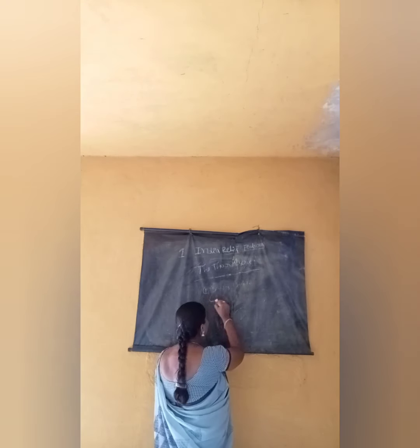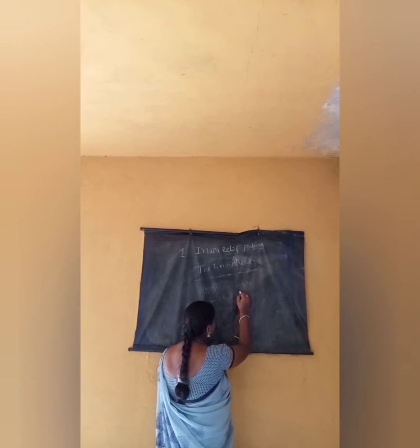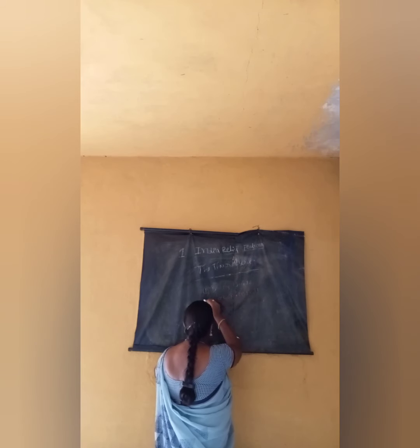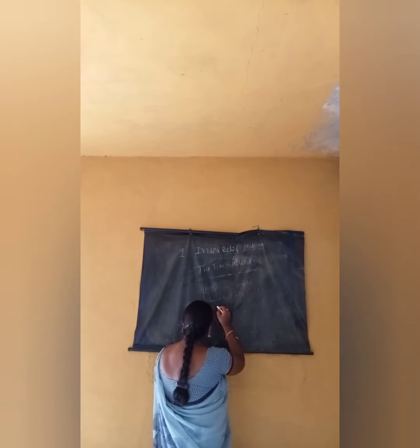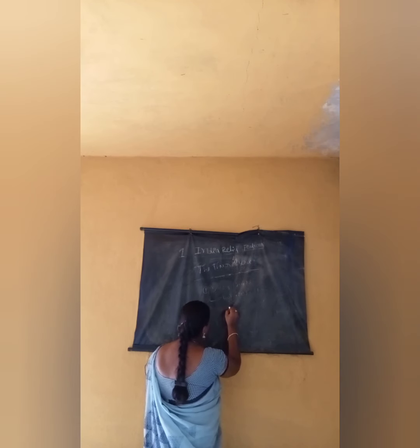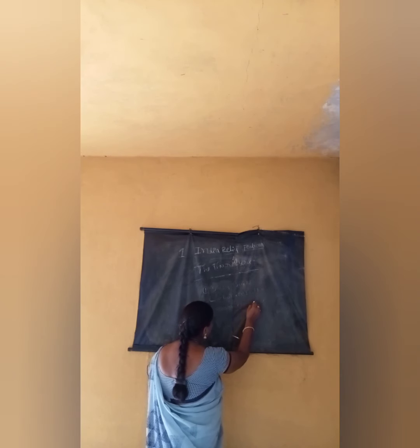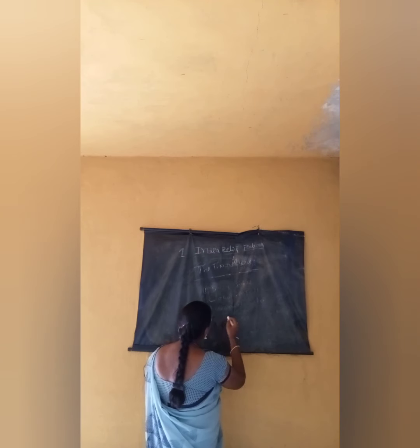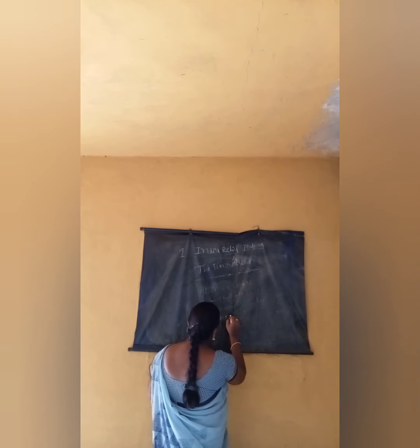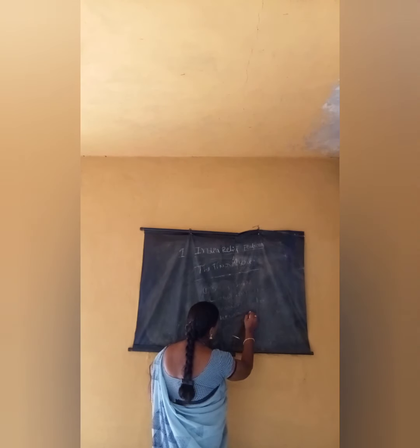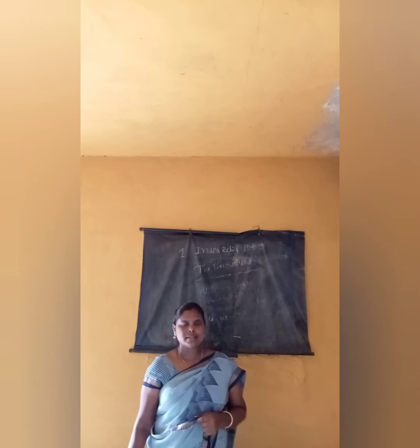Low rainfall. Warm climate. Fourth, high temperature. This is called desert. Okay.